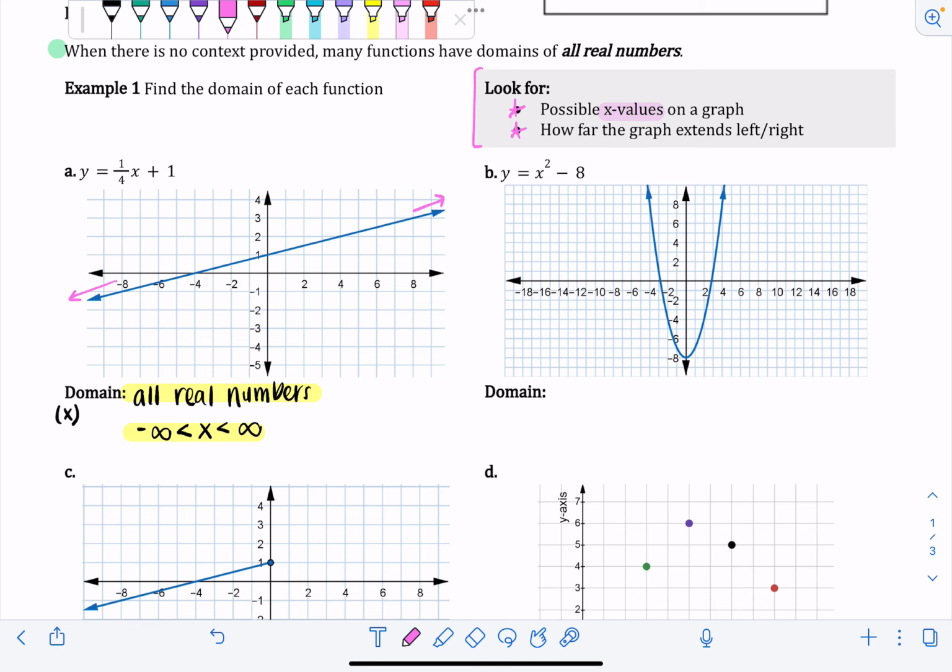So even if it's moving to the left really slowly, it's still moving to the left forever. And same thing on the right. It's moving to the right really slowly as it goes up, but it's still moving to the right forever. And so it's covering every possible x value. It's going left and right forever. So this would be all real numbers as well.